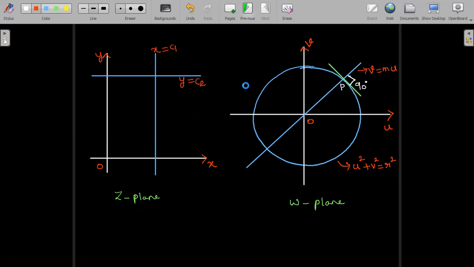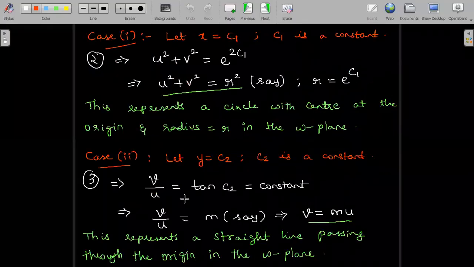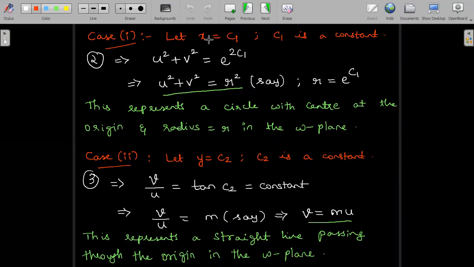Let me just show you that previous page once. We can see what we had discussed: x is equal to c1, a straight line parallel to the y-axis in the z plane, is mapped onto a circle in the w plane.